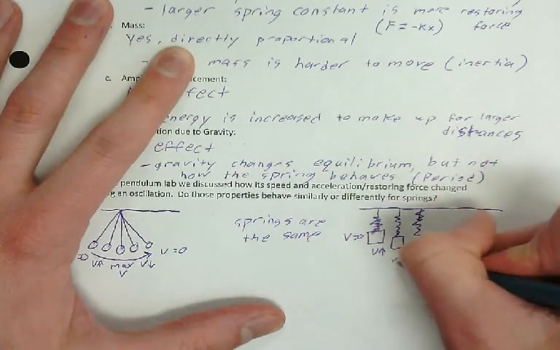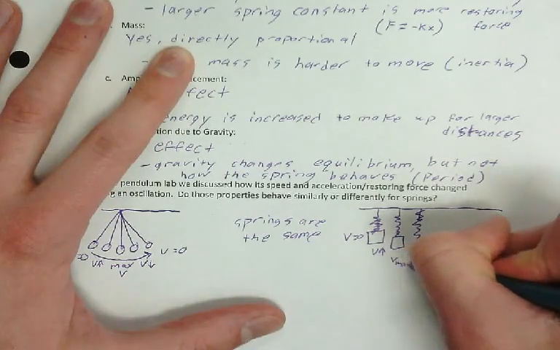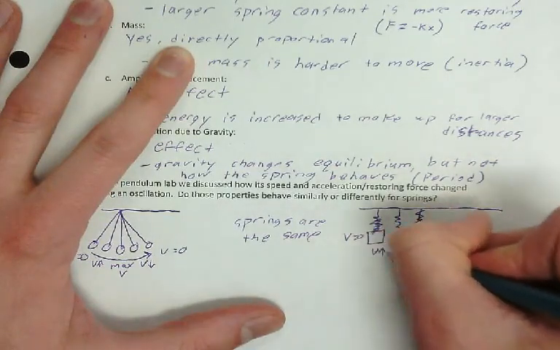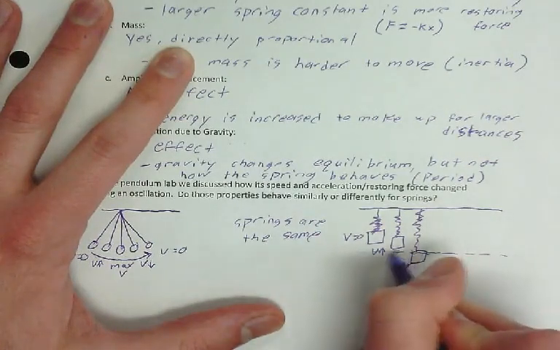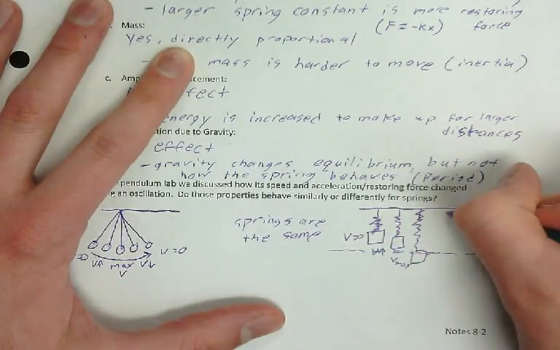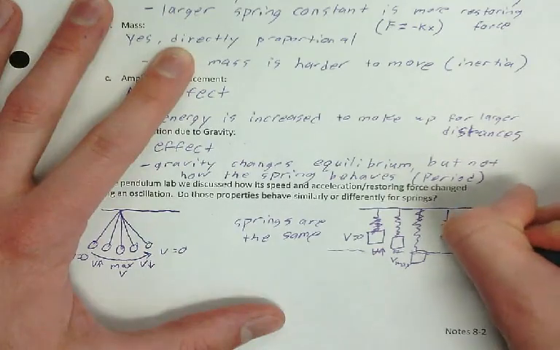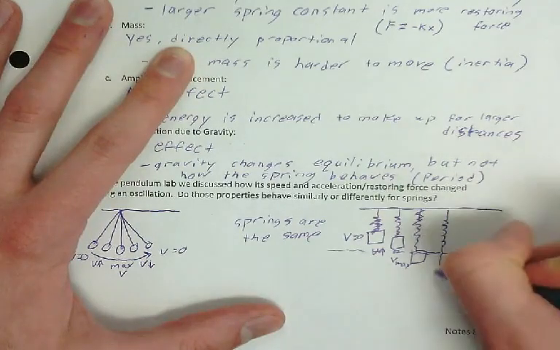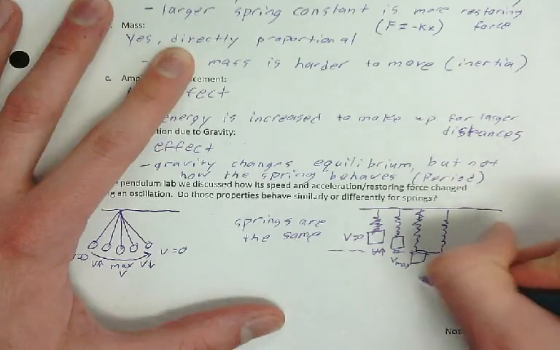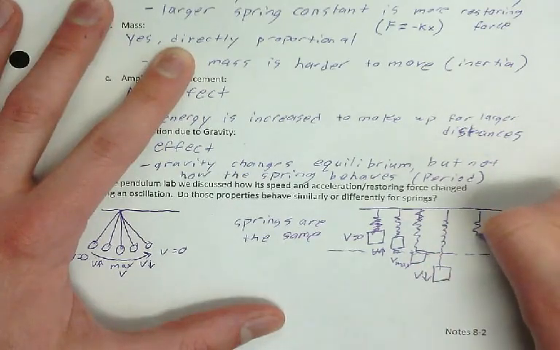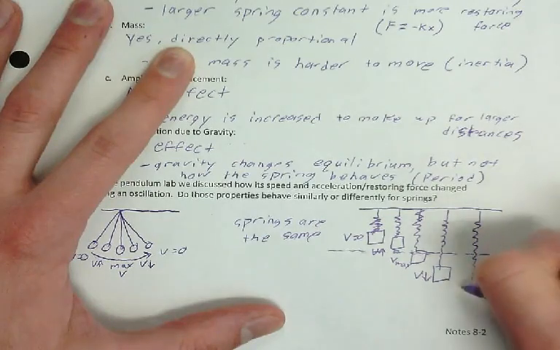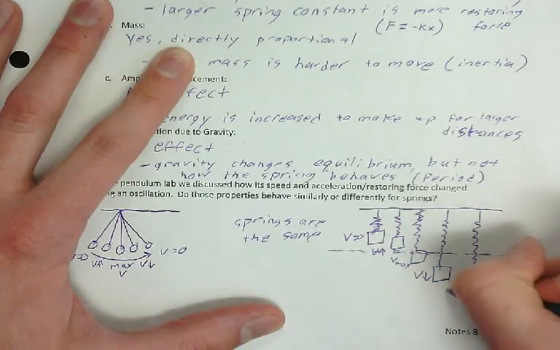At that point, it's the fastest it can go. That's the equilibrium position. Then it keeps going past that point and starts to slow down. Then it gets as far as it can go on the other side, and at that point, the velocity is 0 again.